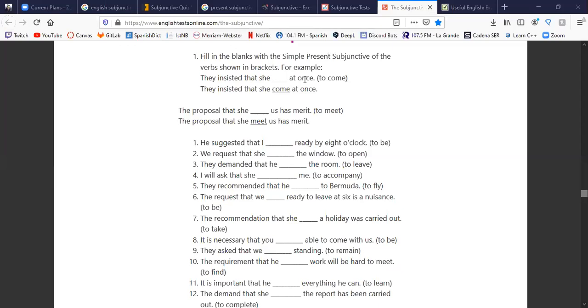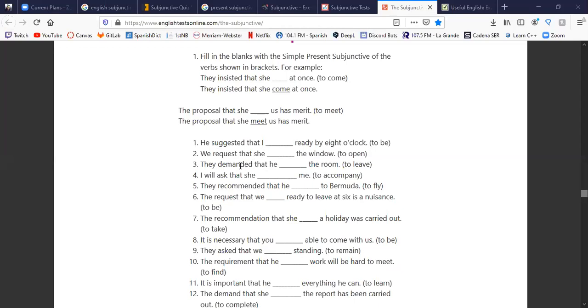As someone else said, we request that she open the window is correct. So what would the third one be? Why without S? Remember, we're doing the subjunctive. So we request that she open the window. Remember, we use the bare form for the subjunctive.